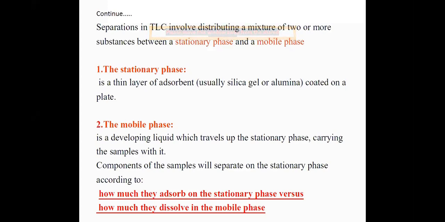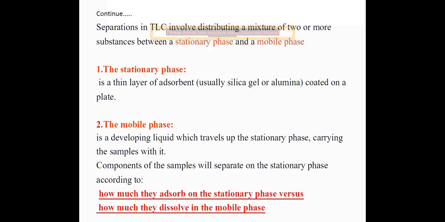So preparation of the sample, preparation of the mobile phase, and preparation of the thin layer of the adsorbent, that is the stationary phase. Generally glass plates are used. Over the glass plate, pour the slurry of adsorbent. Again, there are different methods of preparing the thin layer plate: the pouring technique, dipping technique, and spreading technique.